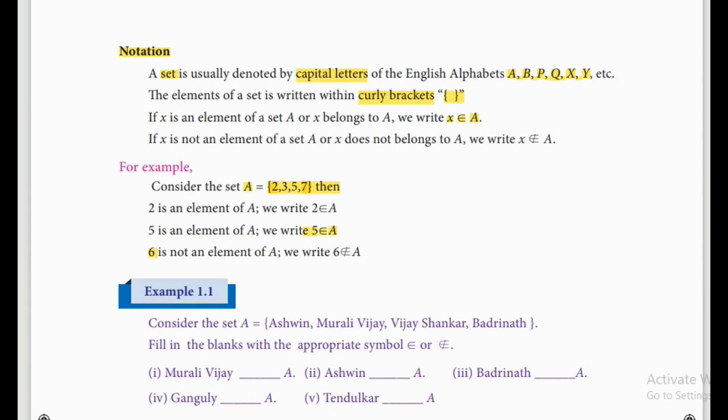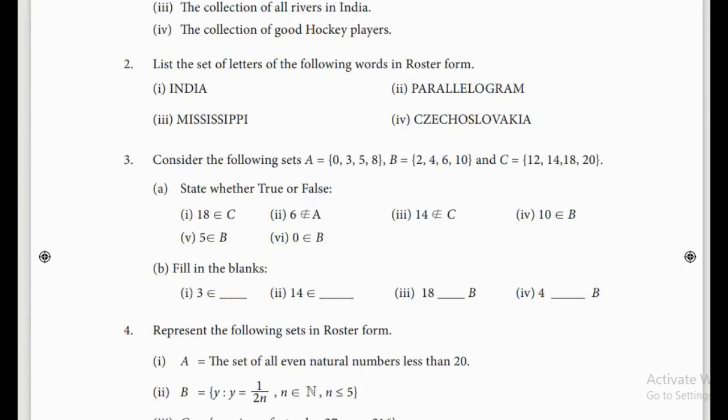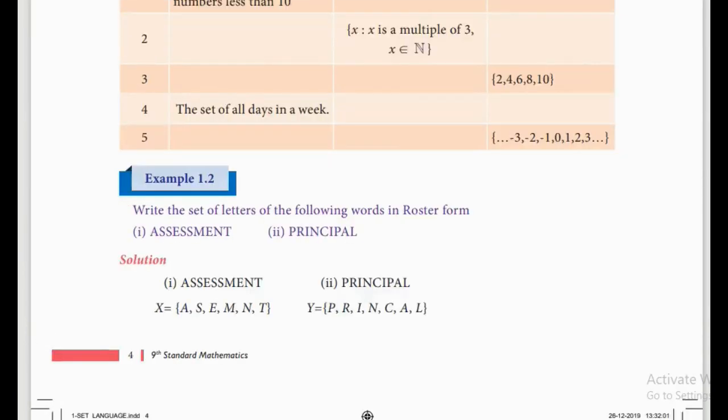No, the set contains only 2, 3, 5 and 7. It doesn't contain the number 6. So we can say that 6 does not belong to A. If x is not an element of the set A, then we say x does not belong to A. If it's an element, we say belongs to. If it's not an element, we say does not belong to.